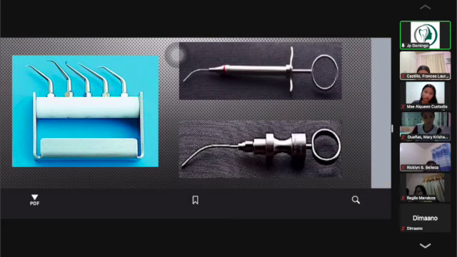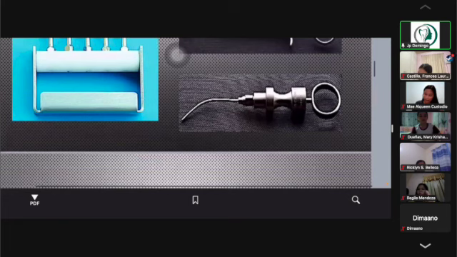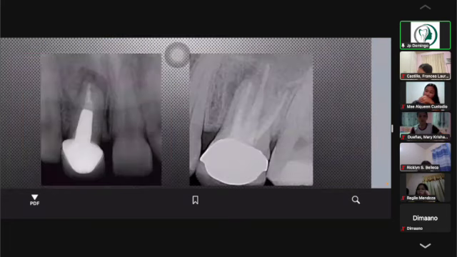So let's talk about the indications. When you look at this case, these are indicated for surgical endodontics. Why? Because of the periradicular radiolucency or pathology that surrounds the root canal treated maxillary left central incisor. Now let's go to the molar.